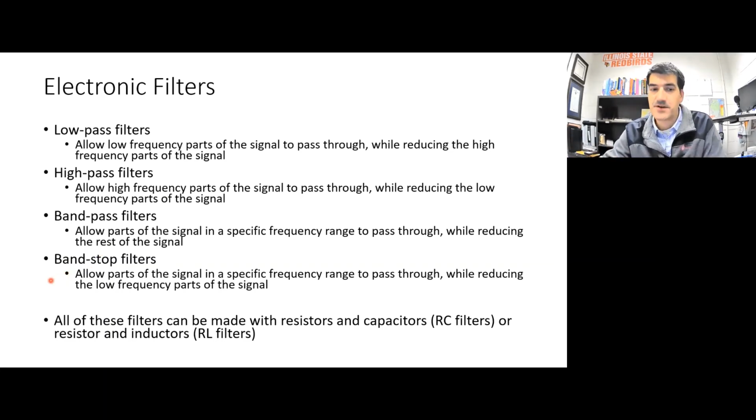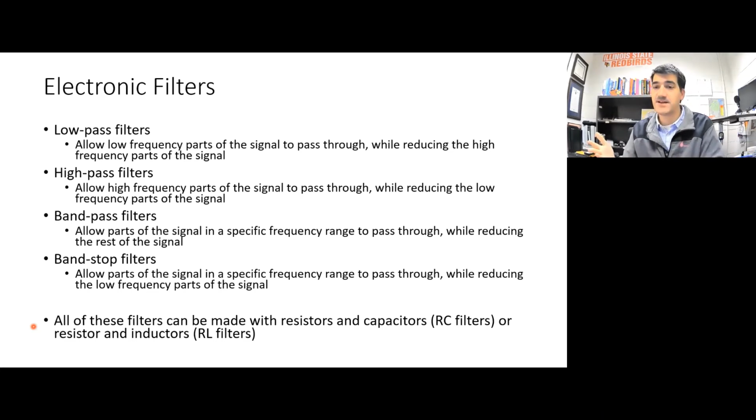And I do want to note at this point that you can make all of these filters with different combinations of resistors and capacitors, and we call those types of circuits RC, for resistor capacitor filters. Or you can make all of these different types of filters with a combination of resistors and inductors, and we call that RL, because R is for resistance and L is the symbol for inductance, as we talked about last time.